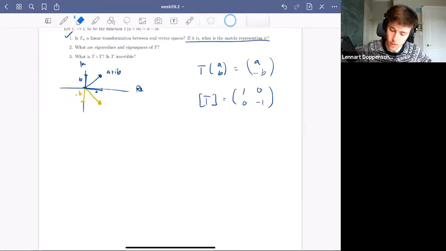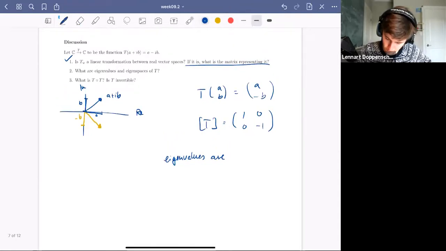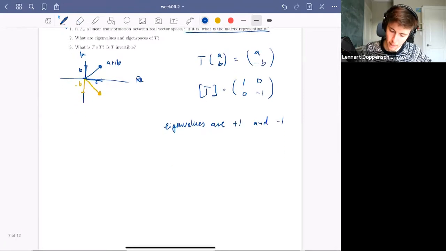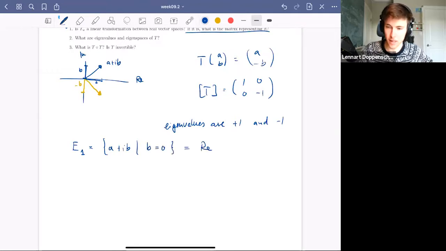So the eigenvalues are plus 1 and minus 1. And the eigenspace of the plus 1 eigenvalue is equal to the set of a plus ib such that b is equal to 0, meaning that this is the real line.